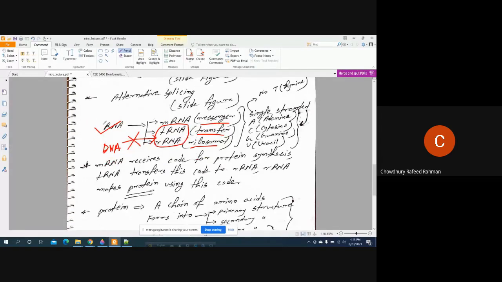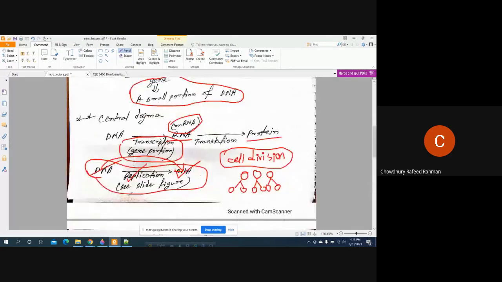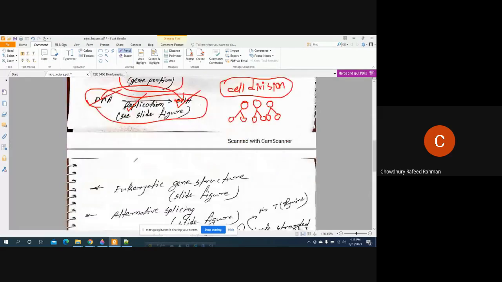So how do these three types of RNAs work together? Because we have already told in the other page that DNA is responsible for creating RNAs, and RNA is responsible for creating proteins.